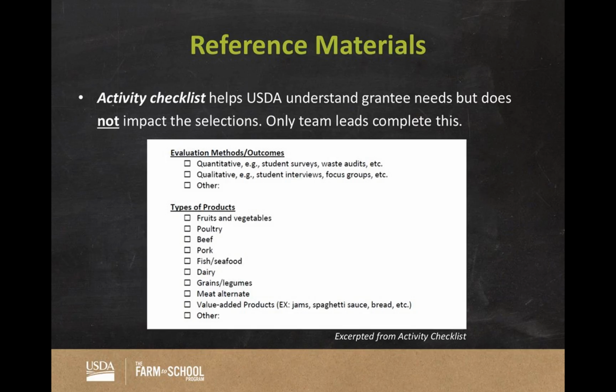But in case you're curious to know what the activity checklist is, it helps USDA understand grantee needs, but it does not impact selections or scoring. Essentially, team leads will fill out an activity checklist for each of the grant applications, and it'll give us a sense of which different things were mentioned as a need in that particular proposal or project.